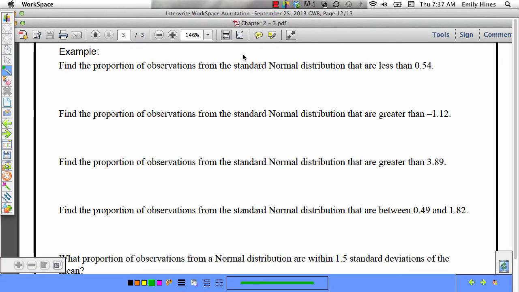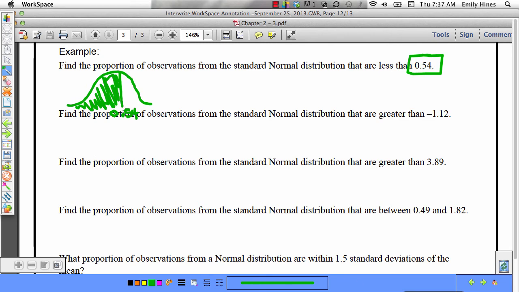Find the proportion of observations from the standard normal curve that are less than 0.54. So if I draw my normal curve, which I always need to do, I know my mean is 0, so 0.54 would be right past the mean. So this is a z-score of 0.54, and I want less than that. So shade in your values.